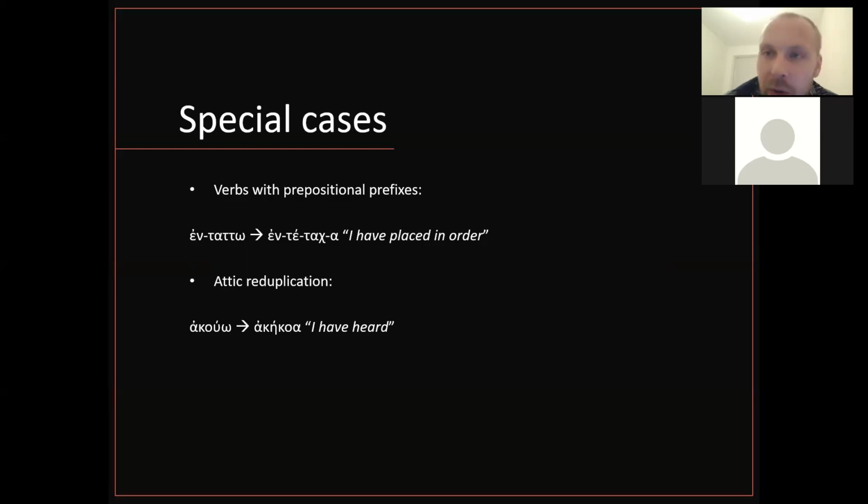There is also a rare type of reduplication in connection with some verbs beginning with vowels, the so-called Attic reduplication, which we may observe, for instance, in the active indicative perfect form of the verb akouo, I hear, which is akekoa in the active perfect.